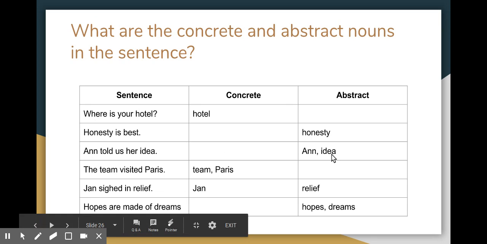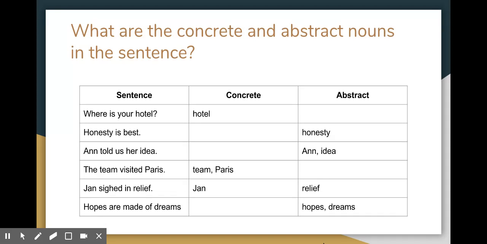However, idea is abstract. The team visited Paris. Team and Paris are both concrete nouns. Jan sighed in relief. Jan is concrete. Relief is abstract. And then you had hopes are made of dreams. Both hopes and dreams are abstract.